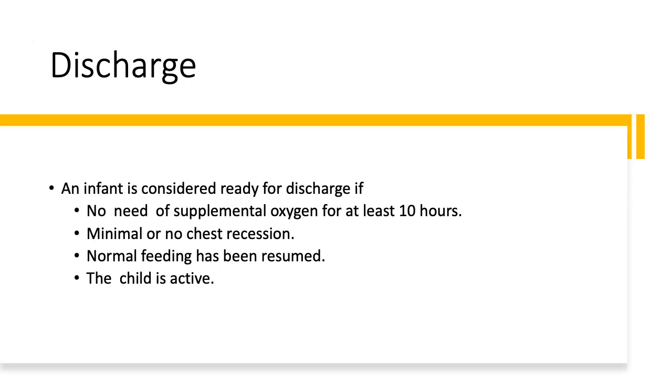So, an infant is considered ready for discharge if there is no need of supplemental oxygen for at least 10 hours, there is minimal or no chest retraction, the infant is feeding normally, and the infant is active. If we have satisfied all these criteria, we can discharge the infant.